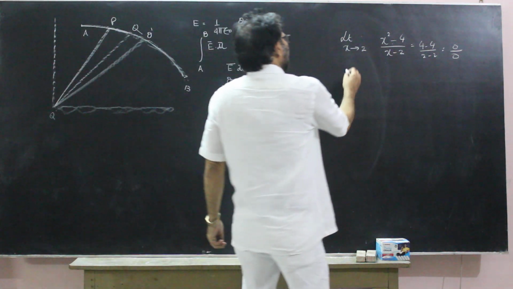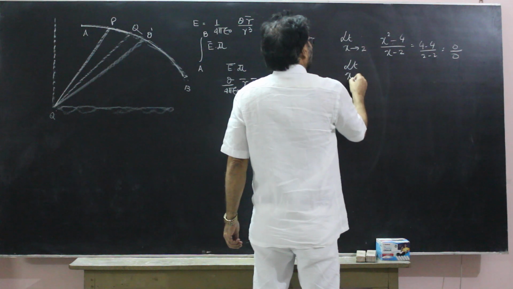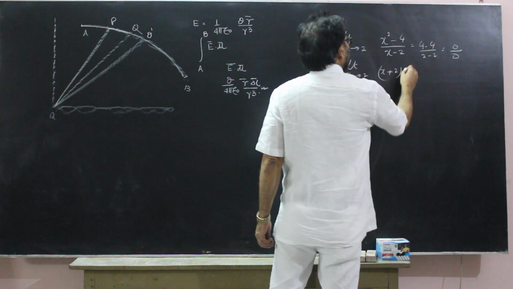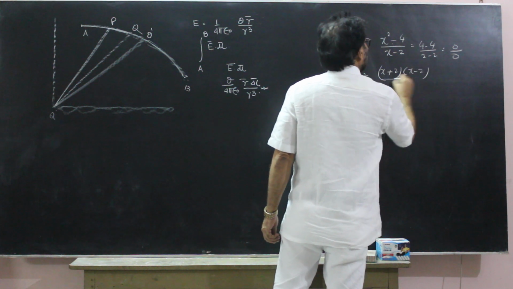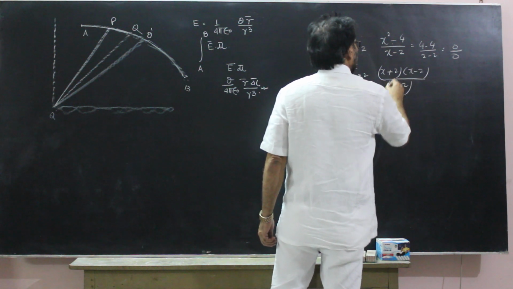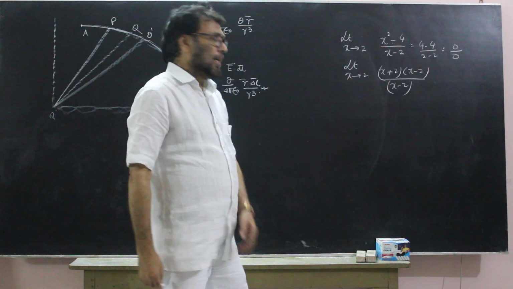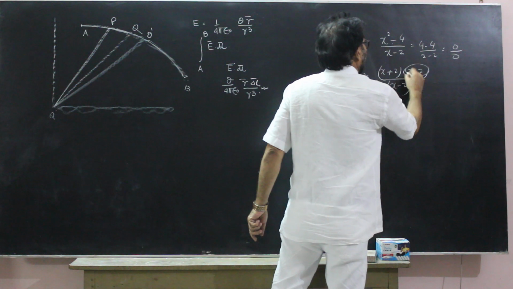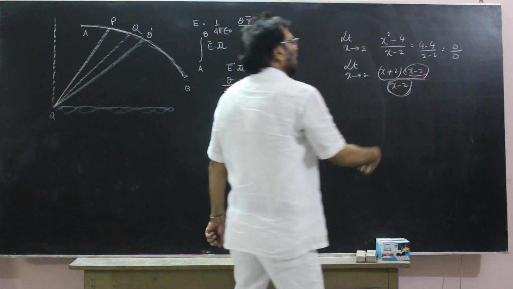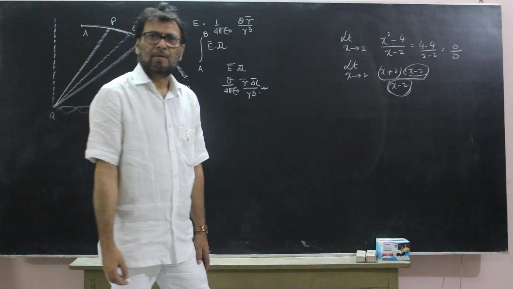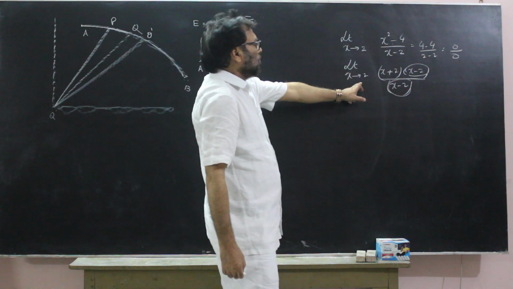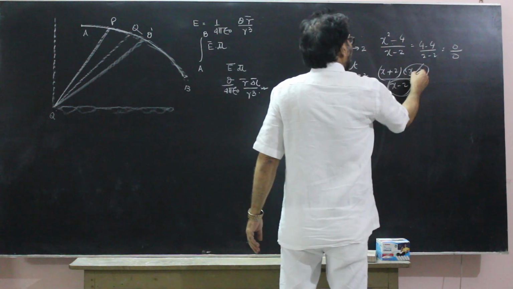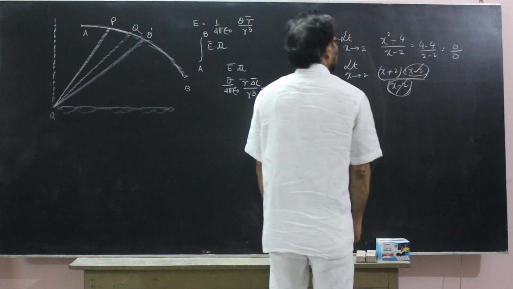It can be written as limit x tends to 2, x plus 2 into x minus 2 by x minus 2. If x is exactly equal to 2, this is 0 and this is 0 and 0 cannot be cancelled with 0. But it is not exactly equal to 2, it is 1.99999. So we can cancel this x minus 2 with x minus 2.